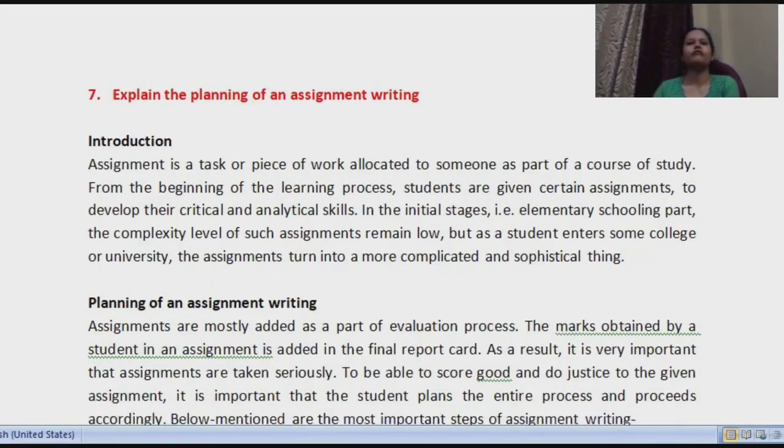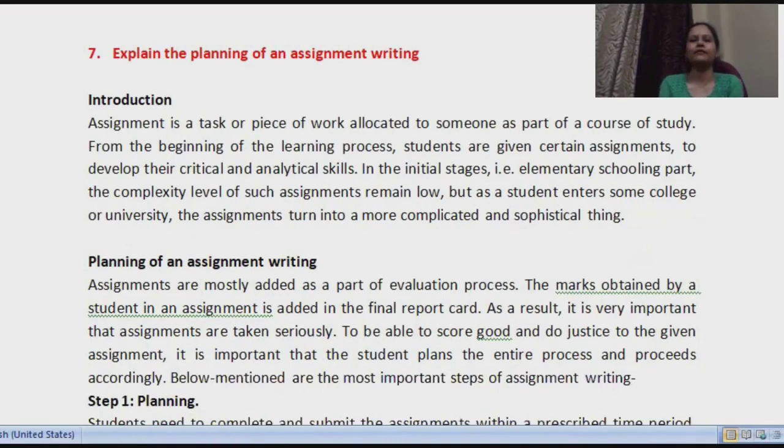We will discuss that. First of all, you can give an introduction on what is assignment basically and why is it given. Right? So you can write that assignment is a task or piece of work. It may be one task also. In our school days, we were asked to make a forest, make a living room, make some things, right?